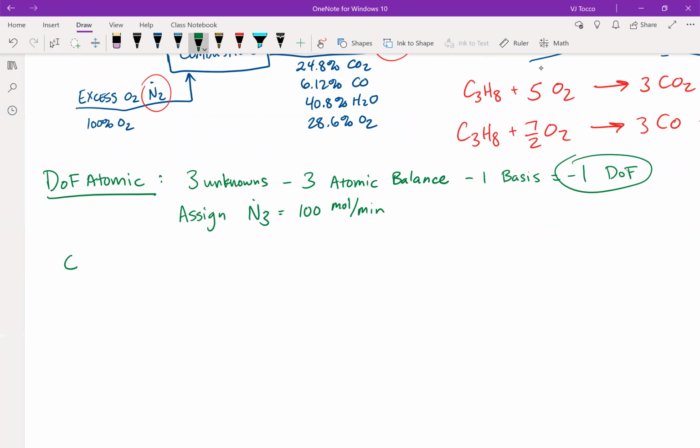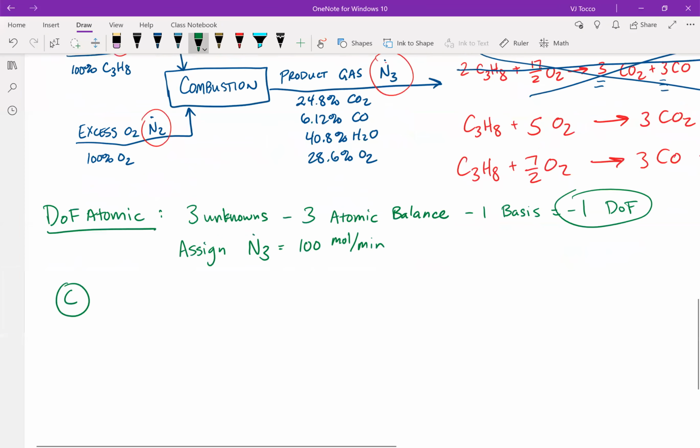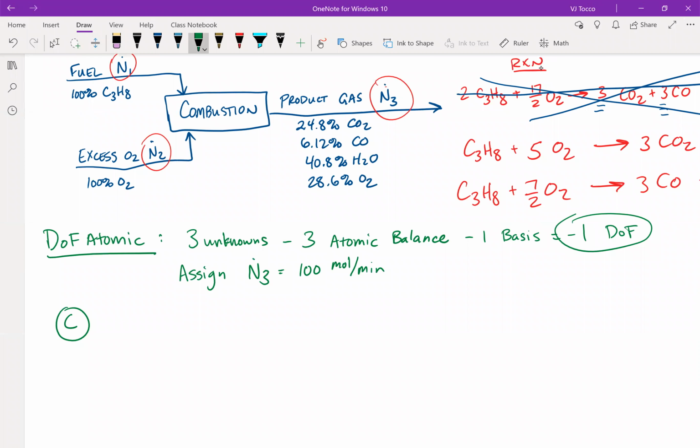Let's do a carbon balance. How much carbon do I have coming in? I've got N1 moles of fuel times 3 moles of carbon per mole of fuel coming in. And coming out, I've got 24.8. This is why assigning a number of 100 is useful here, because it just makes the conversion from percent to moles really easy. 24.8 times 1.